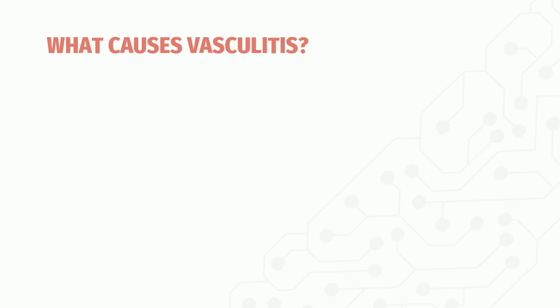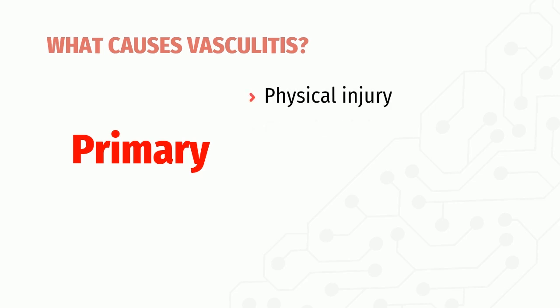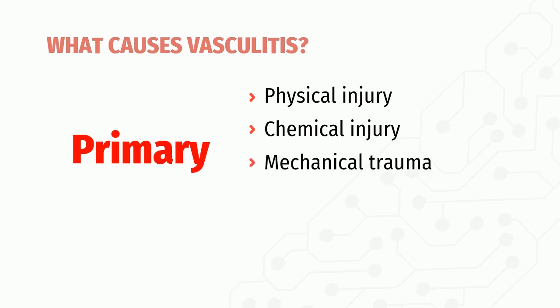Okay, now what causes vasculitis? Honestly, vasculitis can be either primary, which is a disease on its own and caused by maybe physical injury, chemical injury, mechanical trauma, radiation, or even toxins.